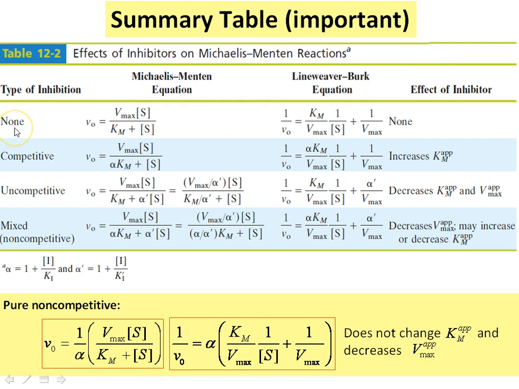If I have no inhibitor, you have the Michaelis-Menten equation as it is. The double reciprocal version of it is written there, as you know. Effect of inhibitor is irrelevant here because it's not even mentioned.